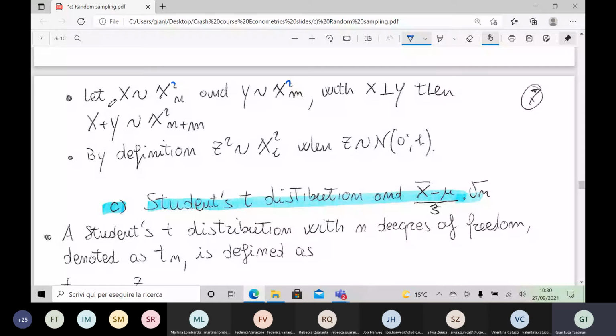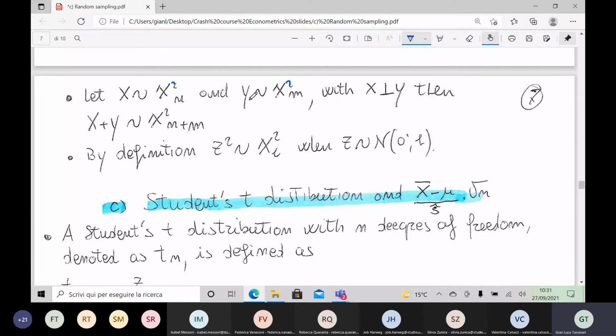Why? Intuition, guys. X is the sum of the squares of n independent standard normal random variables. Y is the sum of m independent standard normal random variables, each one taken to the power 2, okay? But since y and x are independent, all the n standard normal random variables in the definition of x are independent, but they are also independent with respect to the other m standard normal random variables considered in y.